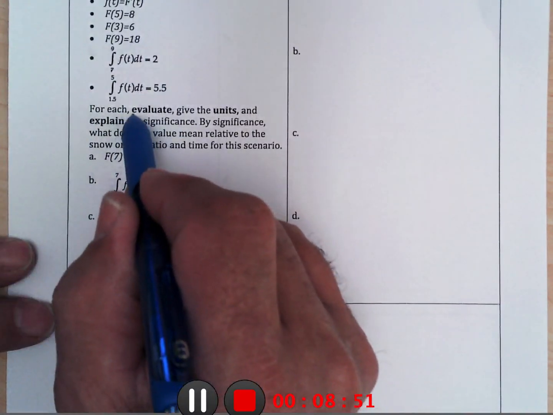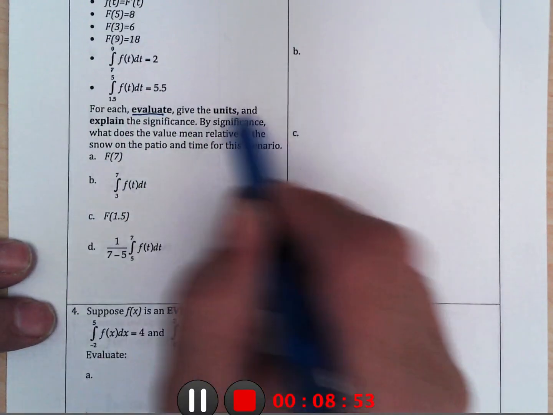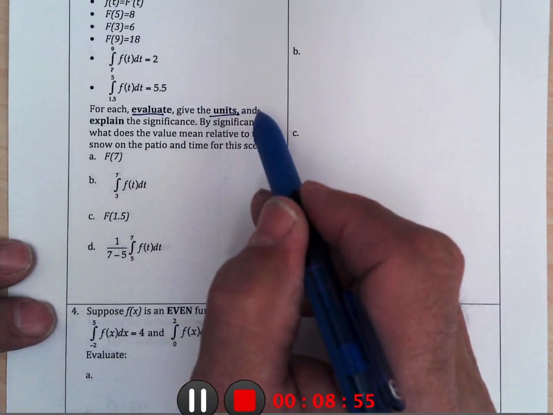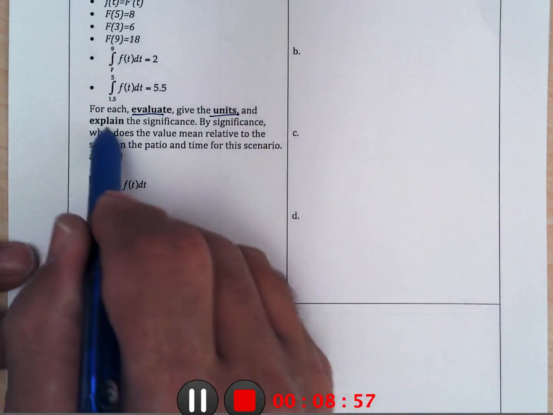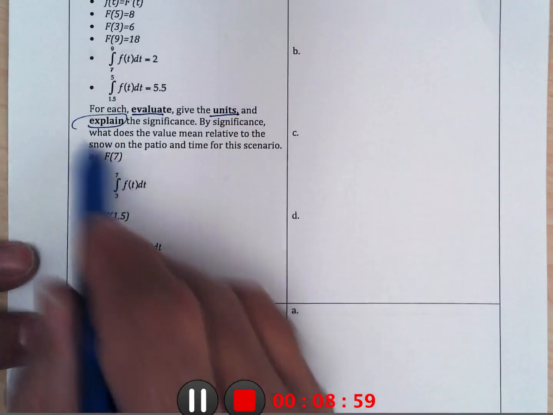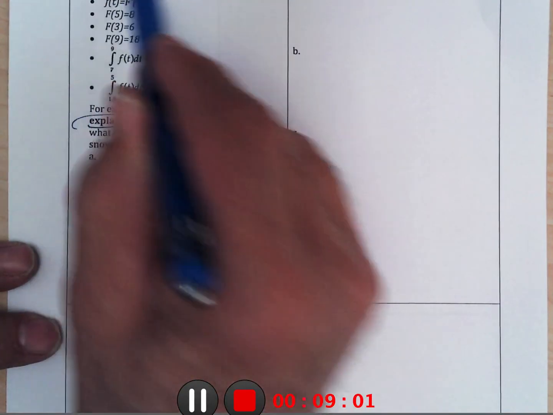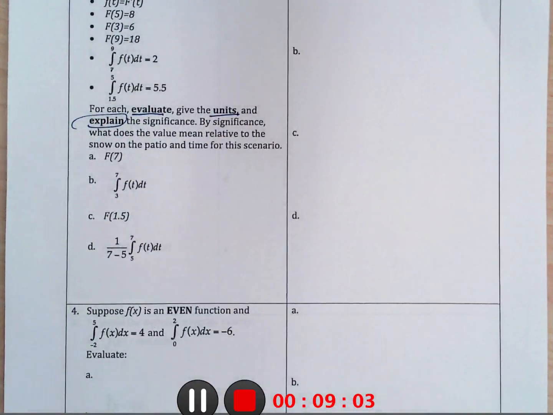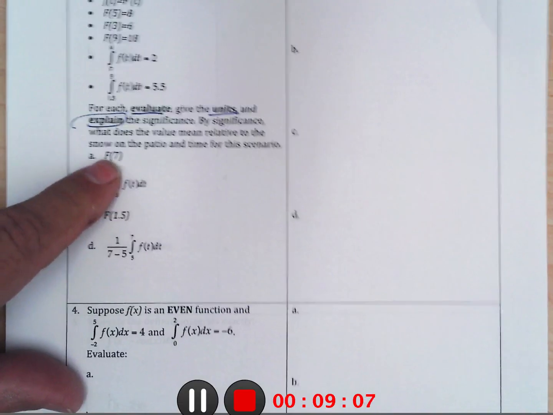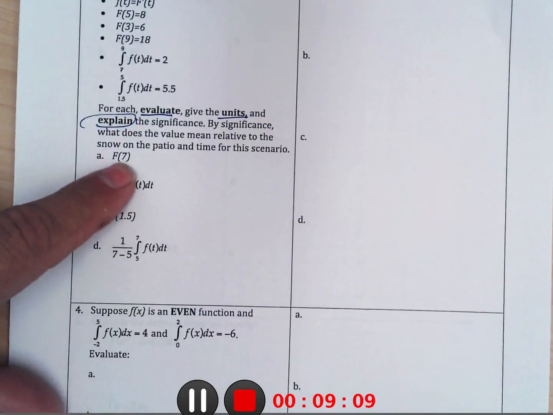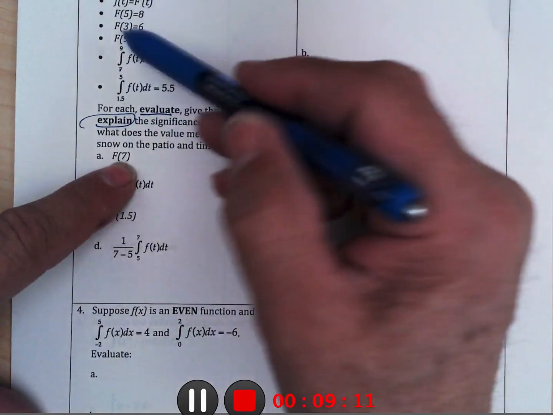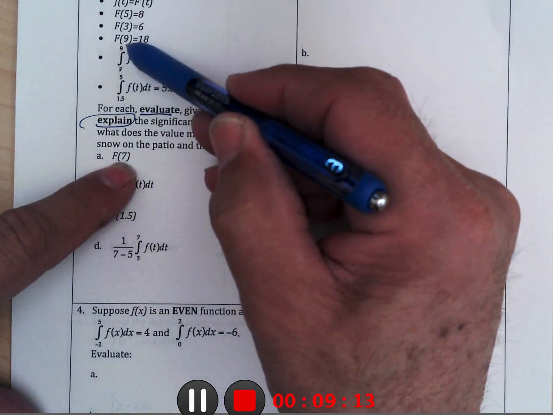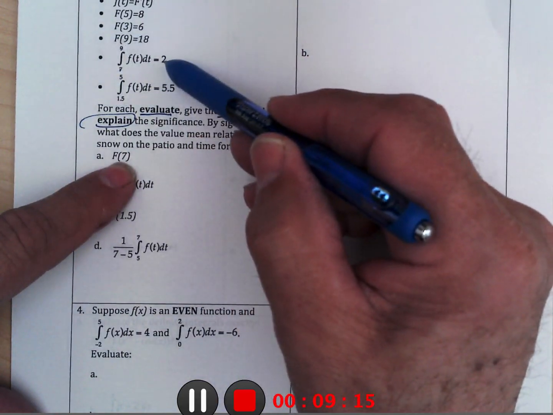So now we've got to come up with how much snow, and say it's in inches or whatever it is, and explain what it means relative to this 12 noon and the snow on the patio. So this will be how much snow was there at 7 p.m. Well, here has 7 to 9. It gained 2 inches, and at 9 it was 18.